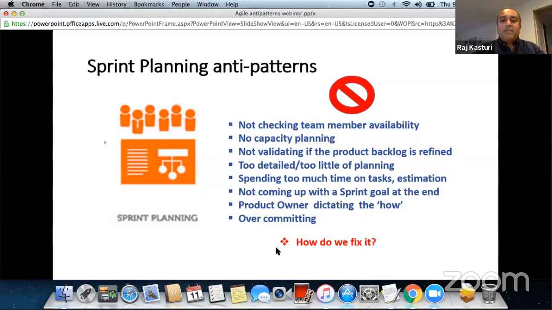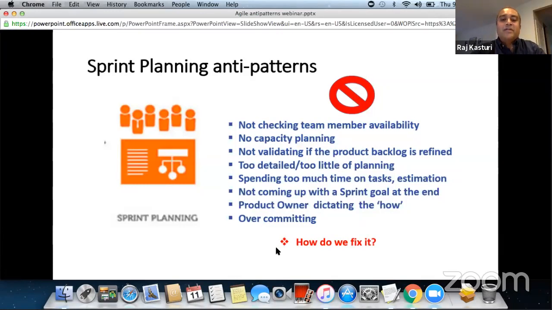So team members, because let's say, for example, you have a 2-week sprint, you want to make sure what is the team member availability. If there's a holiday, if there's a PTO, or maybe somebody is going to training, all of those things need to be taken into account.